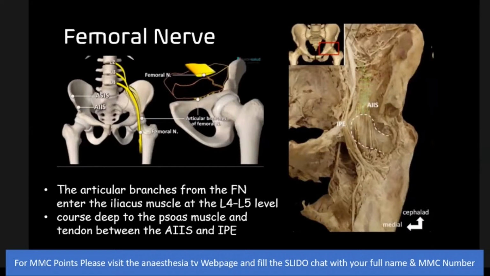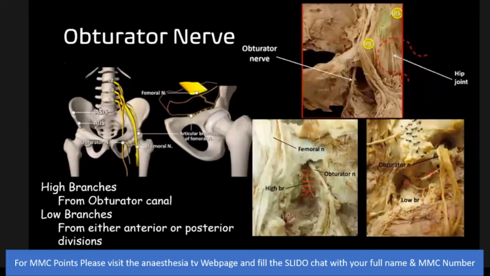The articular branches from the femoral nerve leave the main nerve at L4-5, push deep to the psoas muscle and descend between the anterior inferior iliac spine and the iliopubic eminence. The obturator nerve descends in the pelvis medial to the psoas muscle and emerges through the obturator foramen.